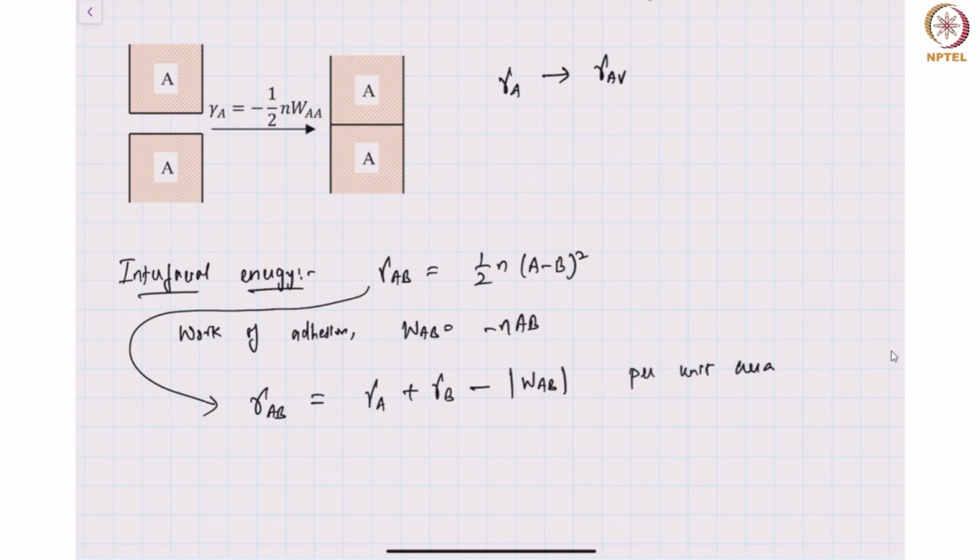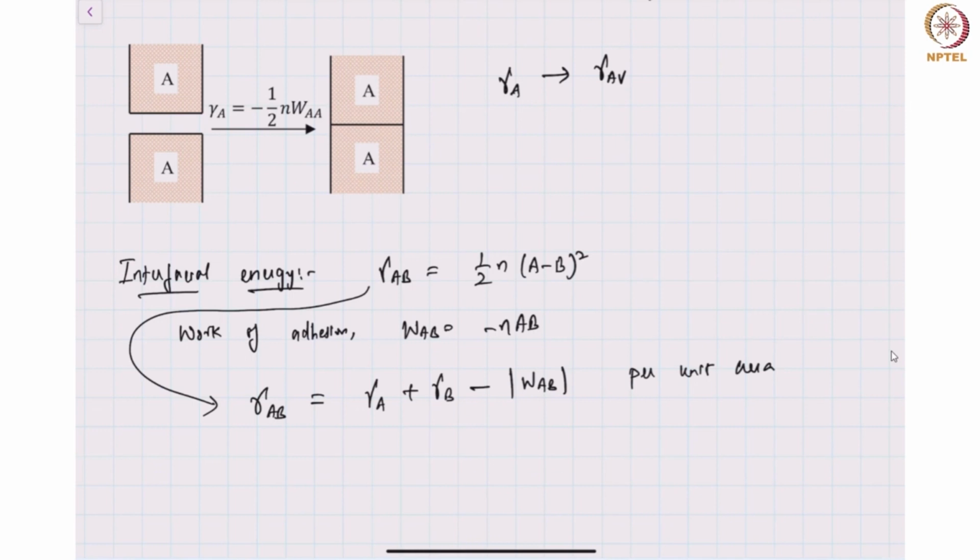I would like all of you to work it out yourself. We already have (A minus B) whole square that we have written down earlier. A square would be associated with gamma A. B square was associated with gamma B. And WAB is the work of addition.